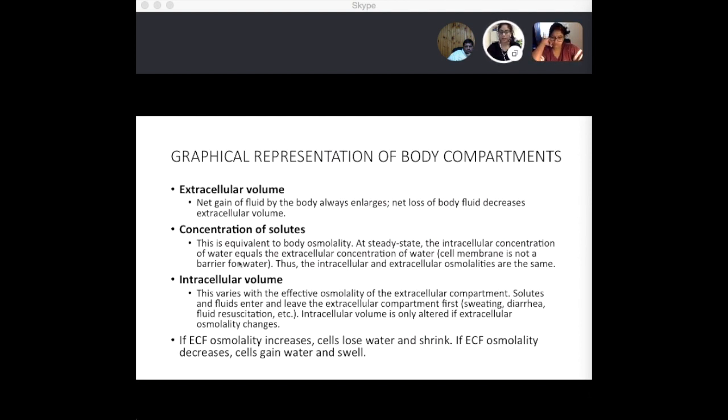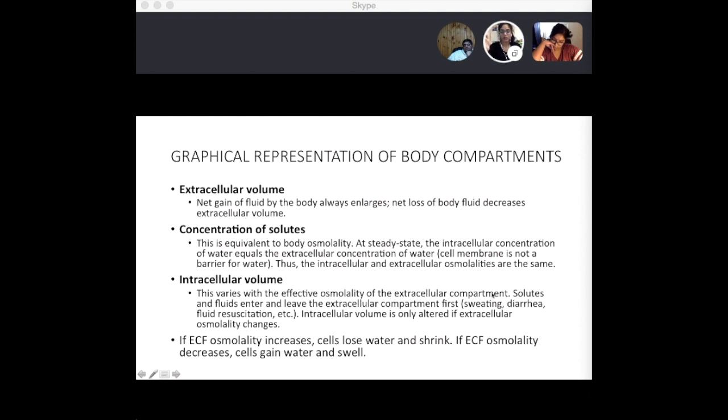It's not a barrier, meaning it's not preventing water from diffusing in and out. It's just sodium that is going to control. And so this is why intracellular and extracellular osmolarities are the same, because diffusion of water occurs freely, depending on concentrations. And the intracellular volume varies with the effective osmolality of the extracellular compartment.